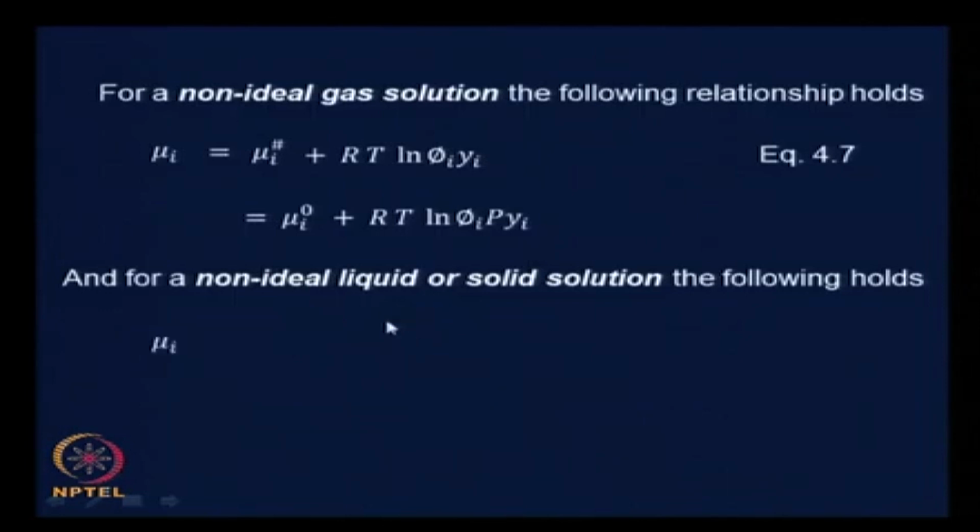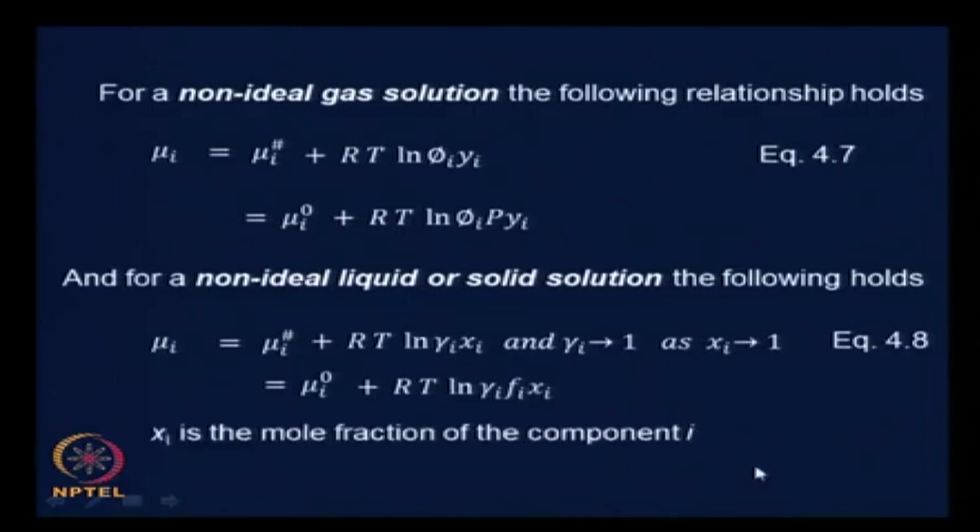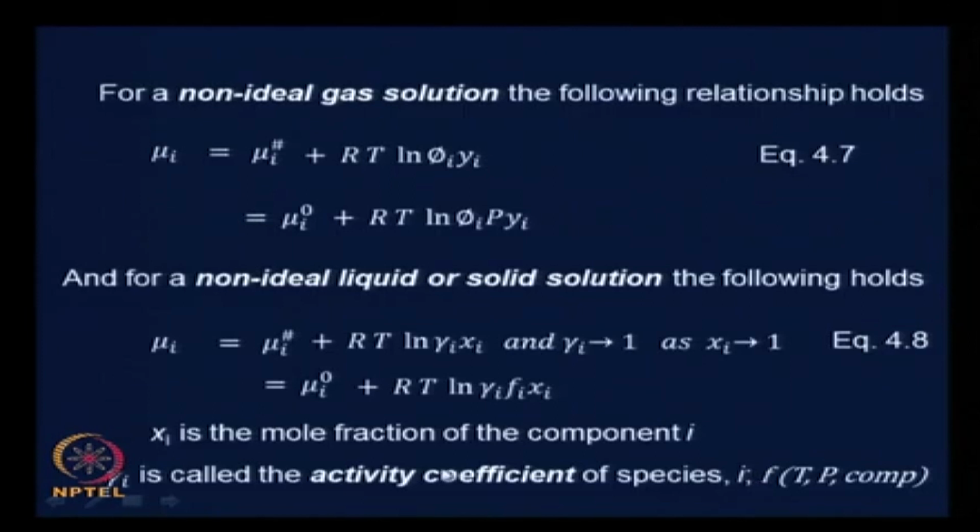For a non-ideal liquid or solid solution, it was mu_i equals mu_i hash plus RT ln gamma_i x_i, with gamma_i tending to 1 as the mole fraction of the component i tends to 1. This of course was expressed in terms of fugacity and so on for equivalent expressions. Gamma_i is the activity coefficient, and note that gamma_i is a function of temperature, pressure and composition, whereas mu_i hash was only a function of temperature and pressure.